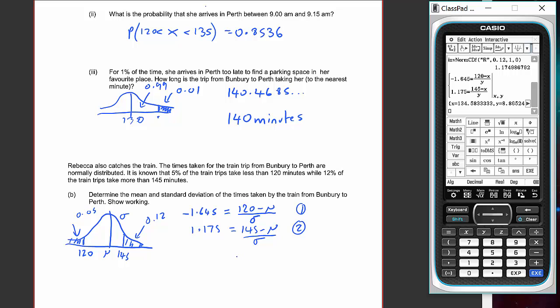And so that gives me that mu is equal to 134, let's call it 134.6, and the standard deviation is 8.87.